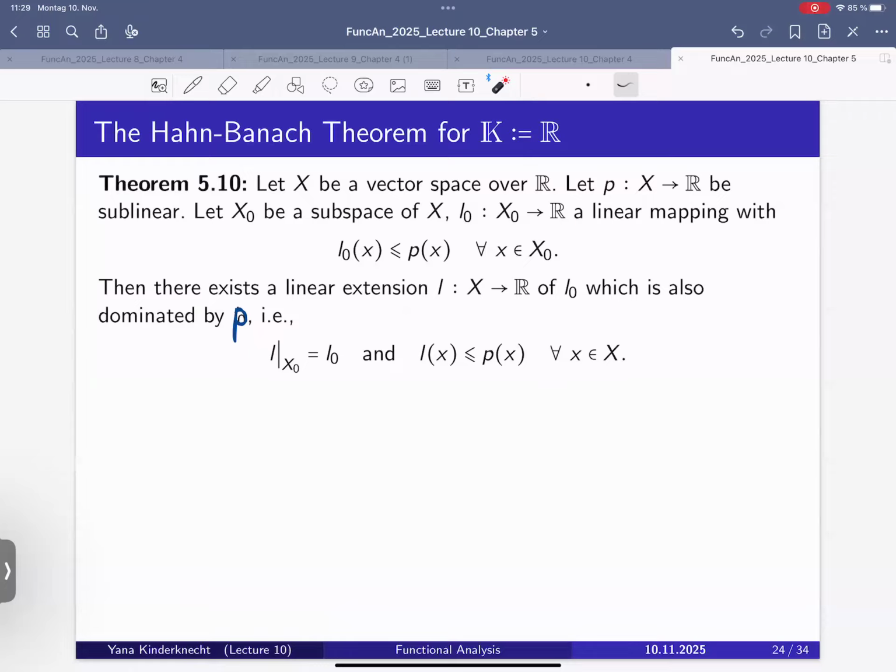That already involves some topology. At the moment, we live without any topology. We just have two mappings. One is linear, one is sublinear, and the sublinear mapping dominates the linear mapping. P is defined everywhere and is sublinear. L0 is a linear mapping, but defined only on a subspace. And then we are allowed to extend L0 to a linear mapping on the whole space with the same upper bound, so to say.